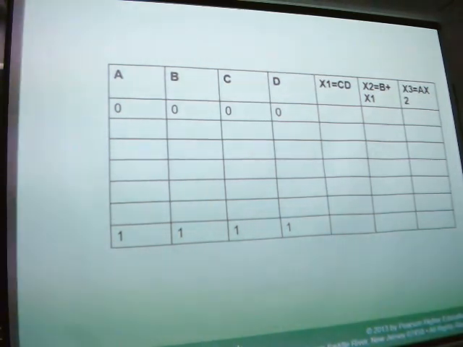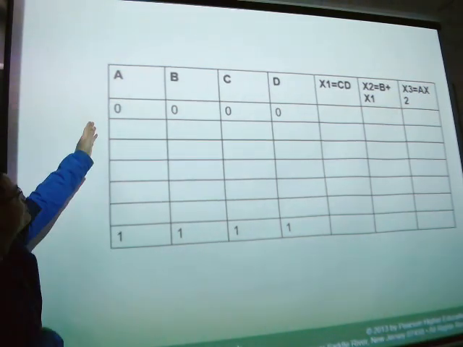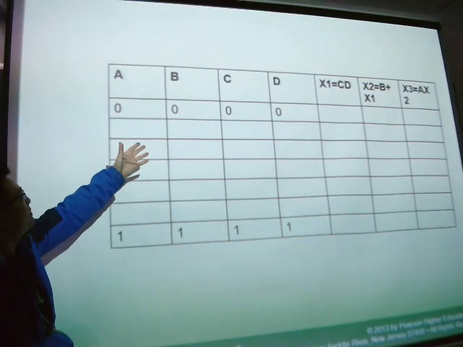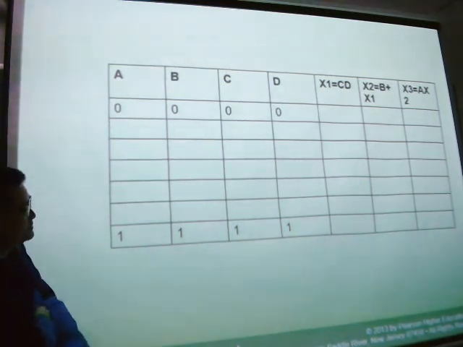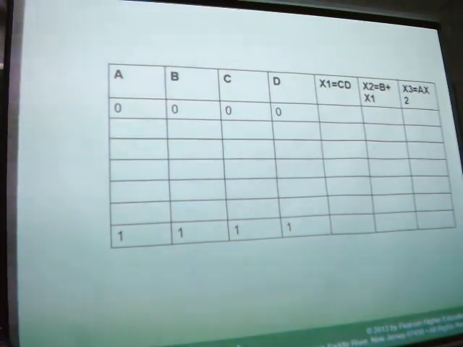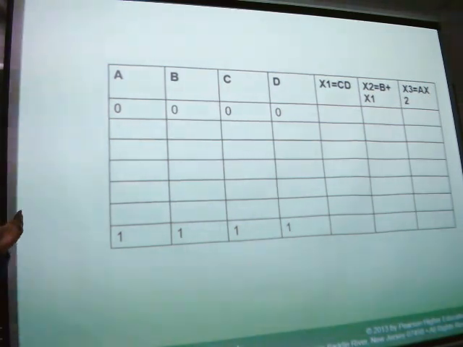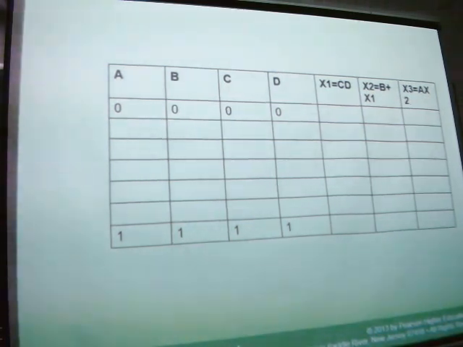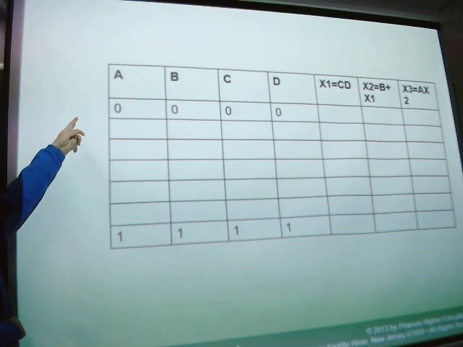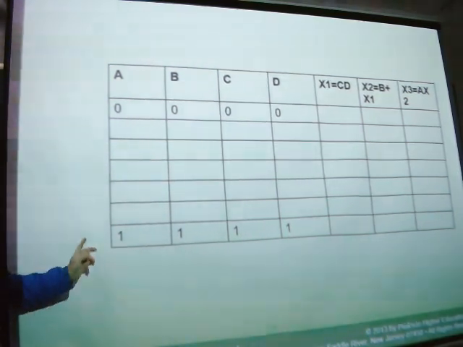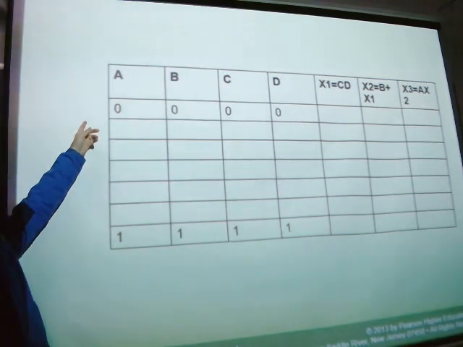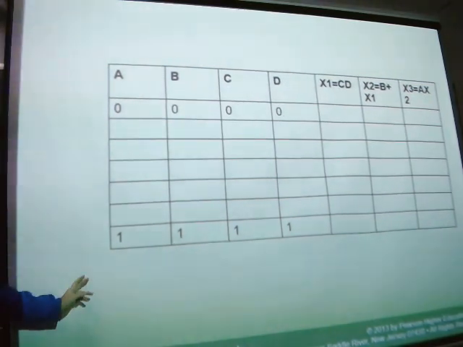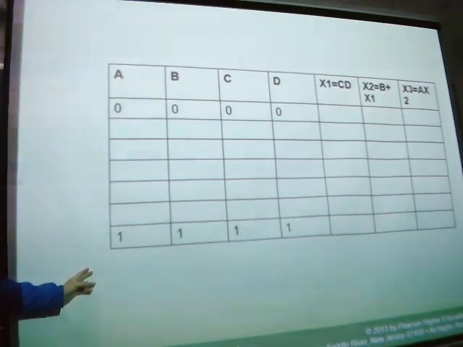The values of the input variables must be written down from the minimum value to the maximum value.